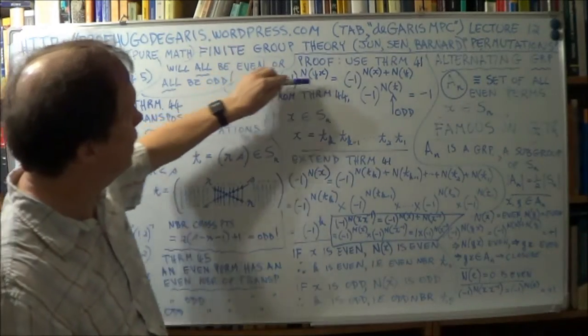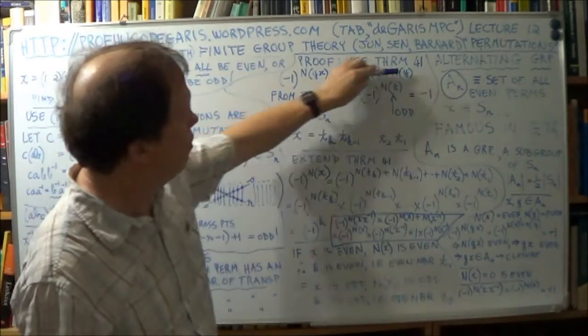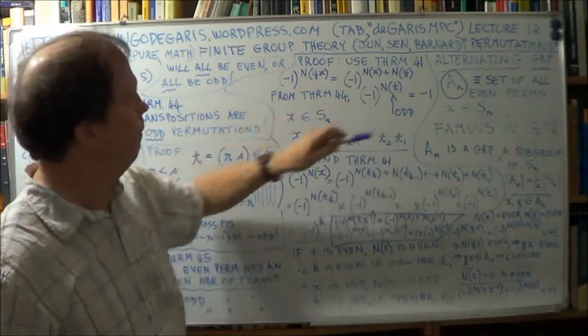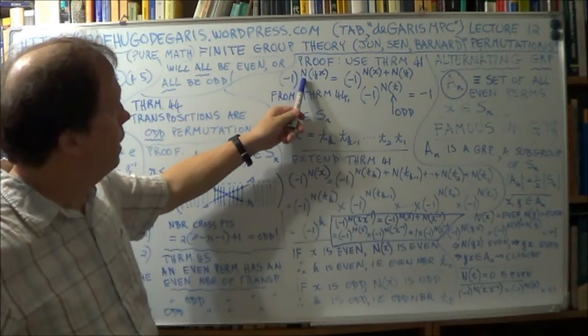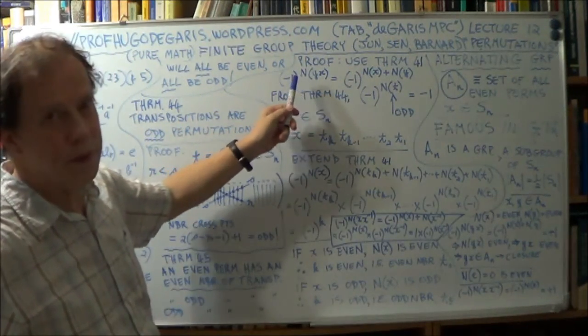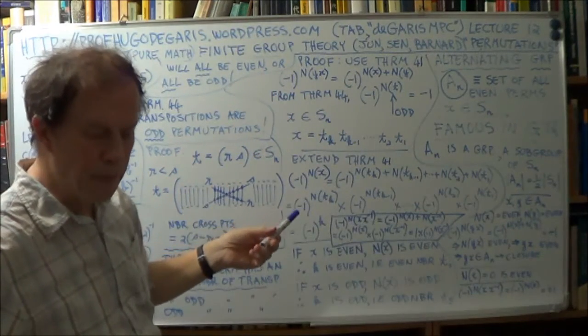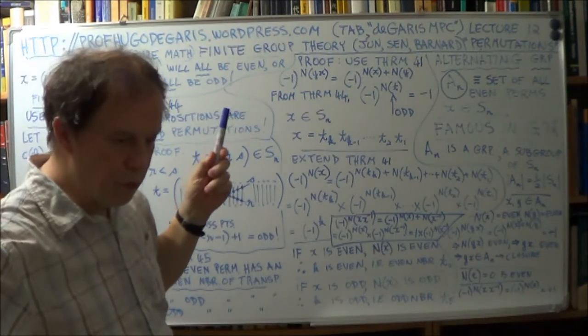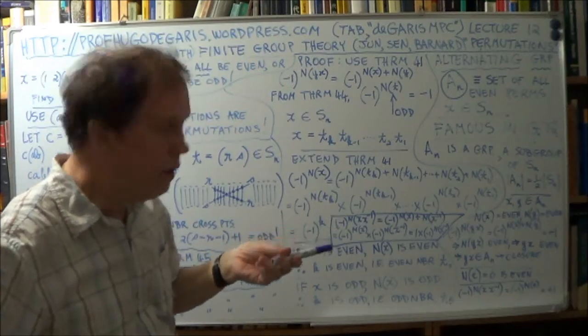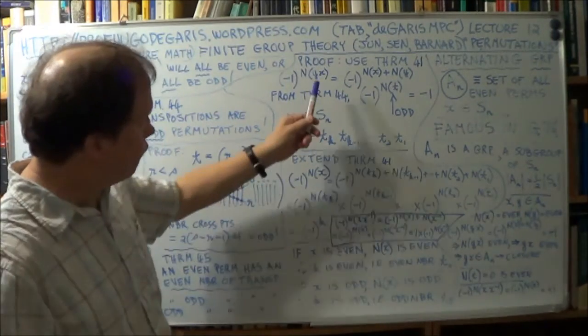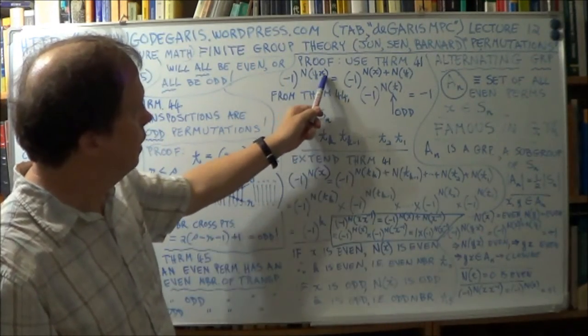Here's the theorem statement of theorem 41. Remember what this big N means. It's the number of reversed pairs of this permutation.